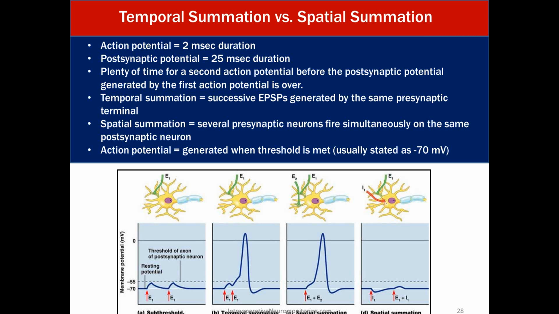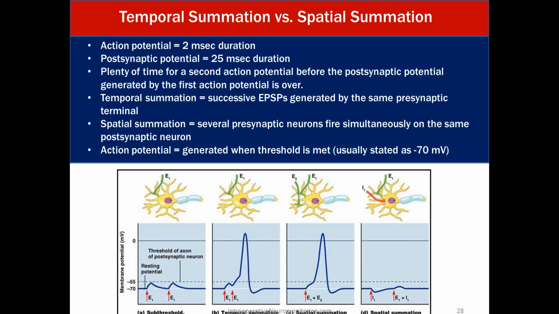Temporal summation is successive excitatory postsynaptic potentials generated by the same presynaptic terminal. If we look here, we have this one regular axon coming onto the dendrites, releasing its neurotransmitter, and it is almost reaching threshold, but is not.